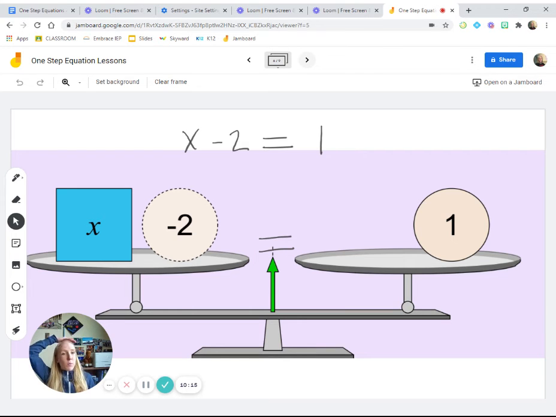Now, when it's subtraction, you have to be careful. You have to be careful always, but just think really carefully. What can I take 2 away from and get 1? So it's kind of like, what has to be in the box that you could take 2 away from and still have 1 left in the box? Another way to think about it is you have some money in your pocket.